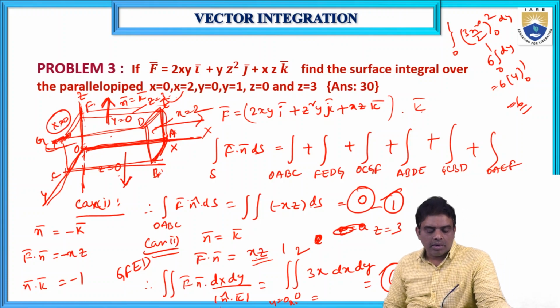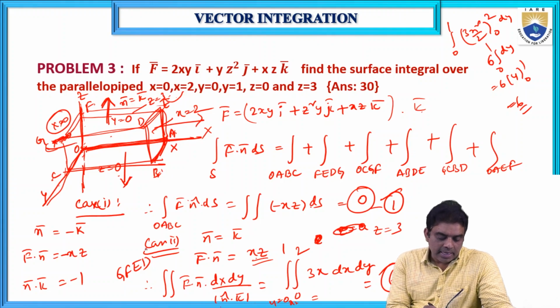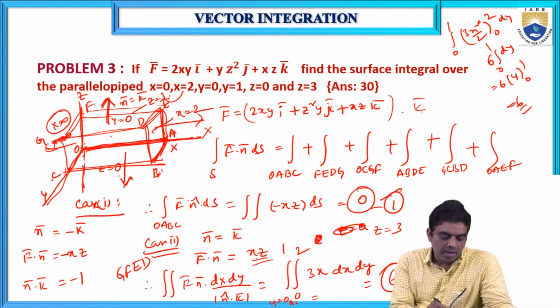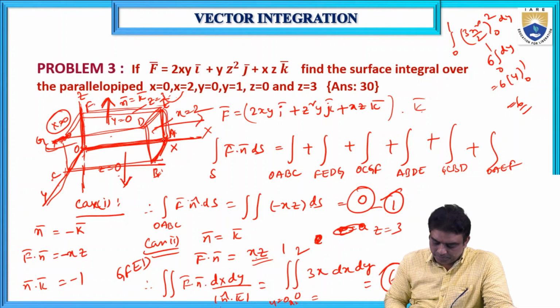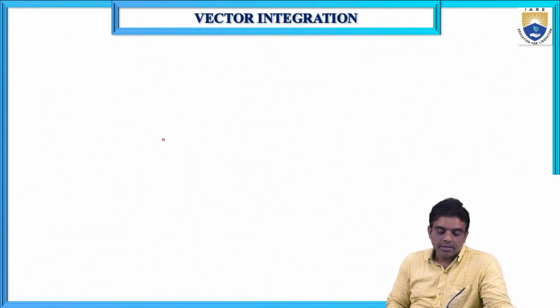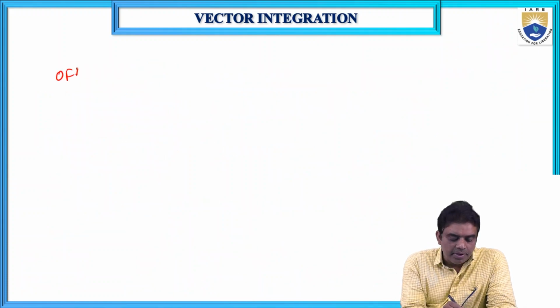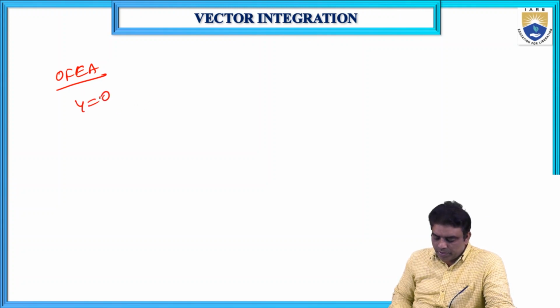So what is the last one here? We consider OFEA. Considering OFEA, the equation of that plane is XZ, which means y is 0.